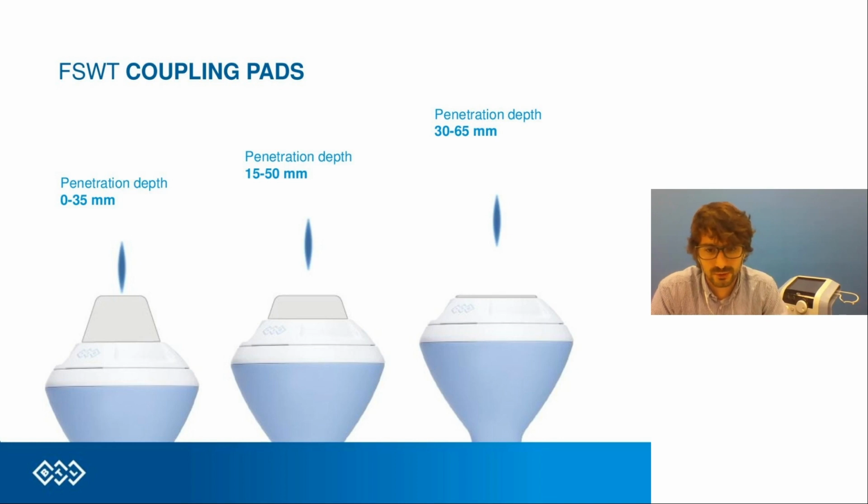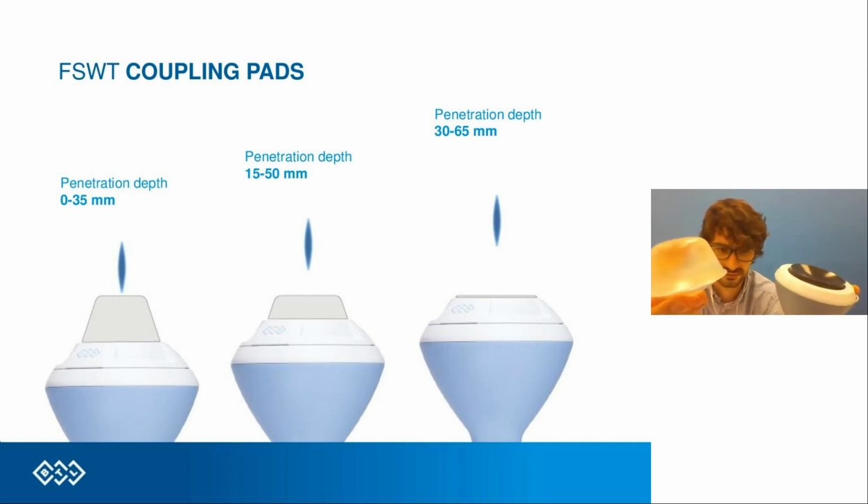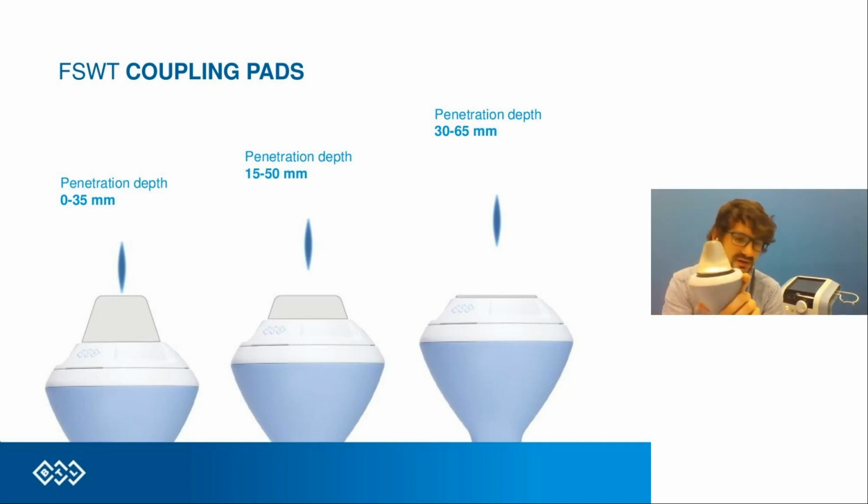Okay, so the difference is that if you use these, I hope you can see it also on the camera, there are different types of coupling pads with different sizes. This one is the middle one, this one is the biggest one, and then once you mount it on the shockwave device with this lock ring, you are able to position the distance of how far the tissue is from the applicator. So with this one, we would treat very superficial tissue because the distance is quite far.